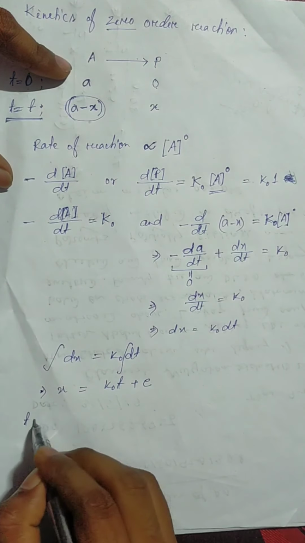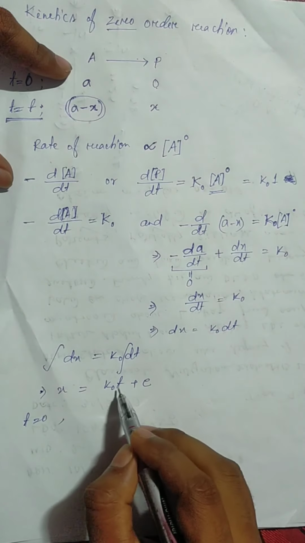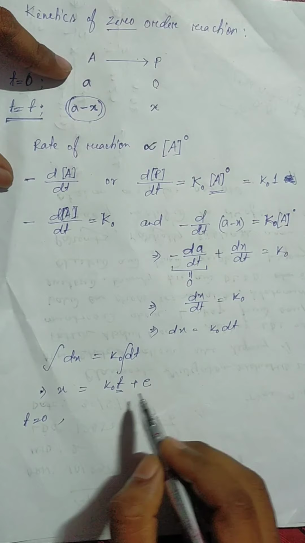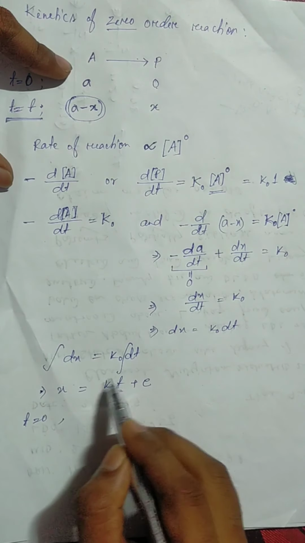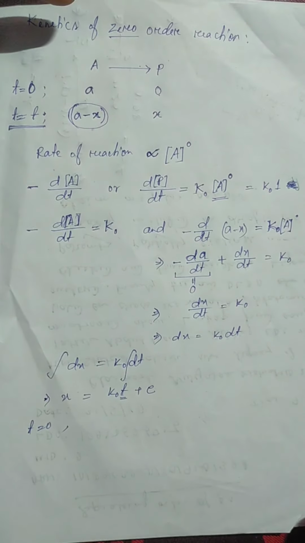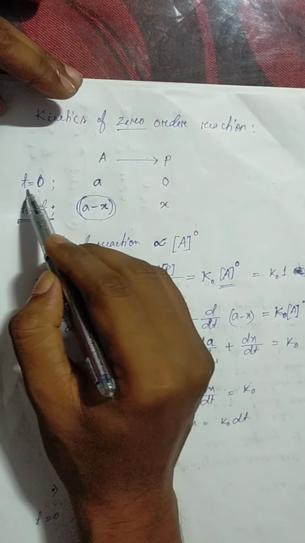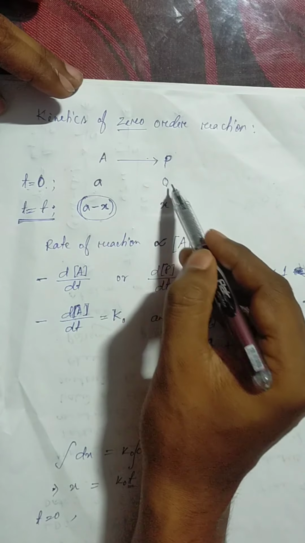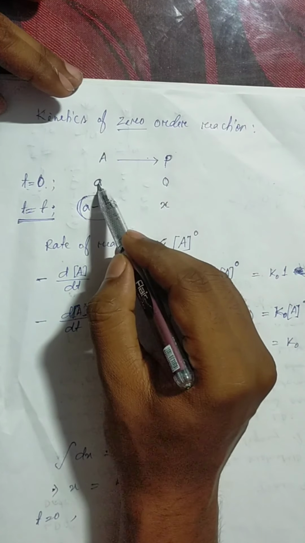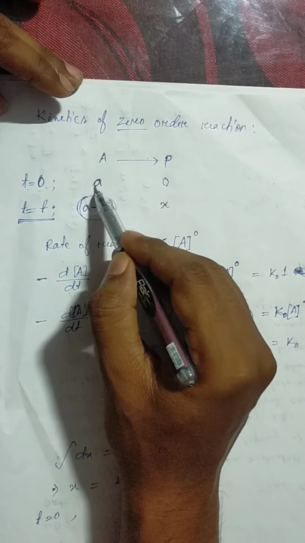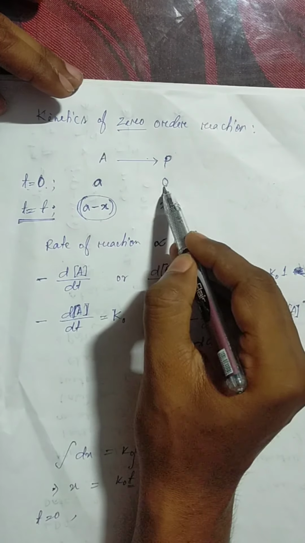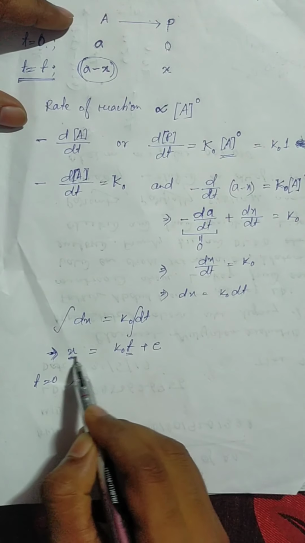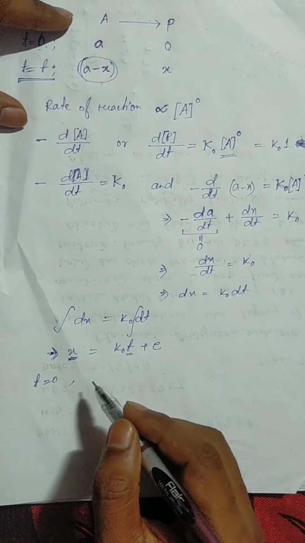So when t is equal to 0, that means this part will be 0. And as we know that when t is equal to 0, the product is 0, that means the x part is 0. There will be an amount of reactant, but product is 0. So this x is the amount of product which is converting from reactant to product.